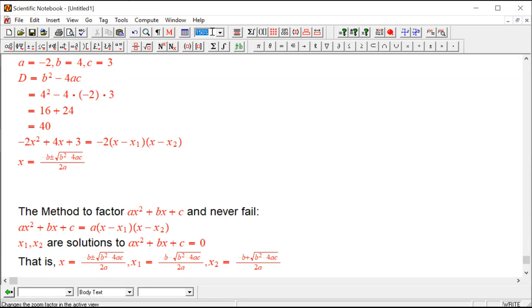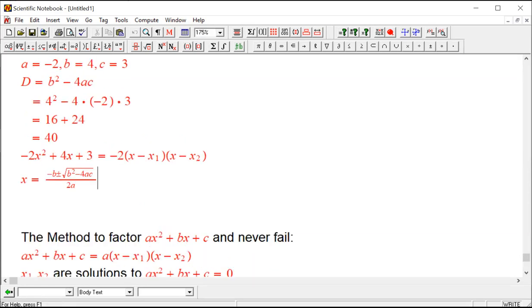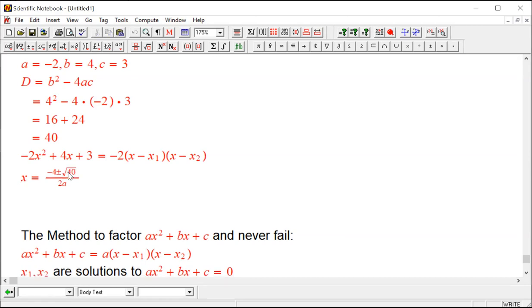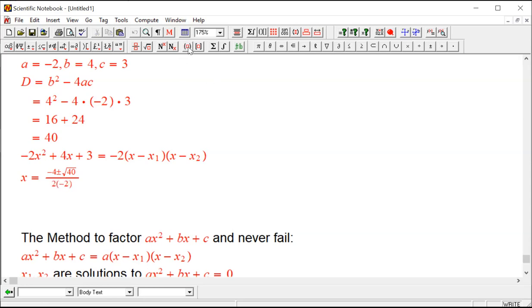I'm just making the fonts a little bit larger. I already have the discriminant. So when I plug in, my b is 4, and this is a 40, and A is -2.